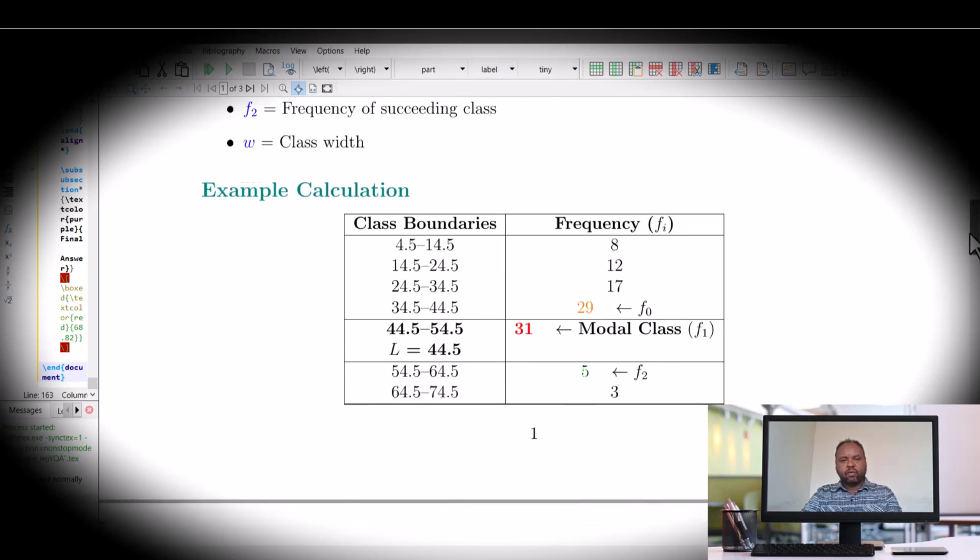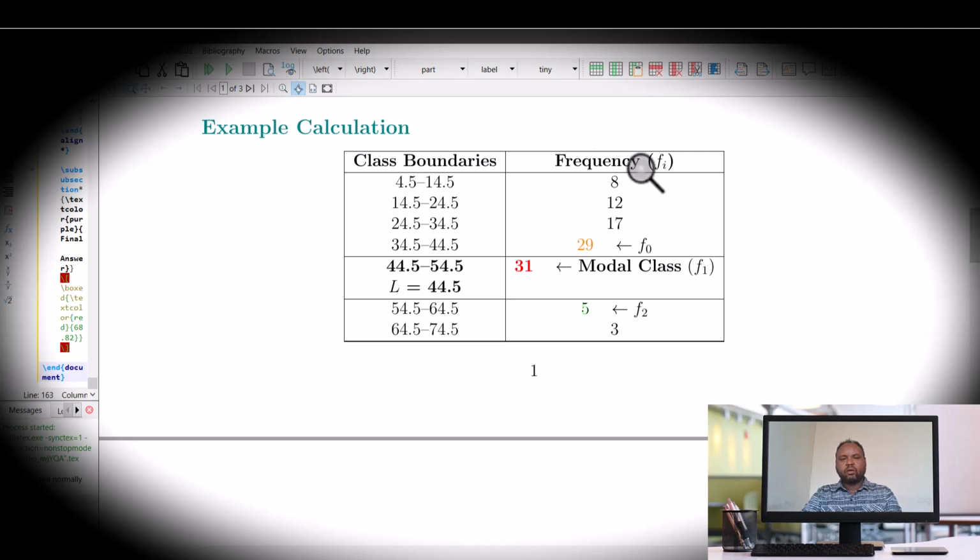Let us see one example. Suppose we have data on students' marks, where the marks are out of 100. The data at hand is a frequency table, which is group data, consisting of class boundaries versus frequency.